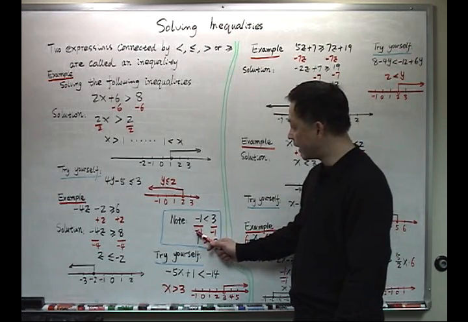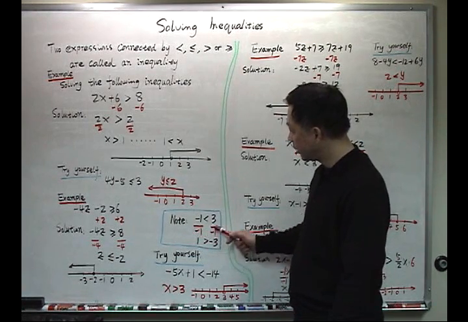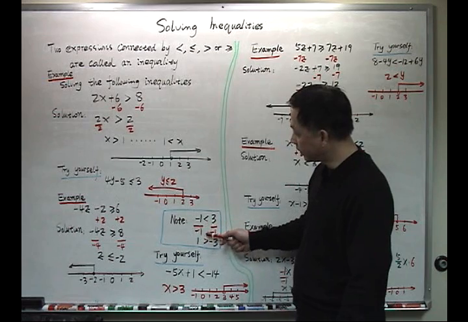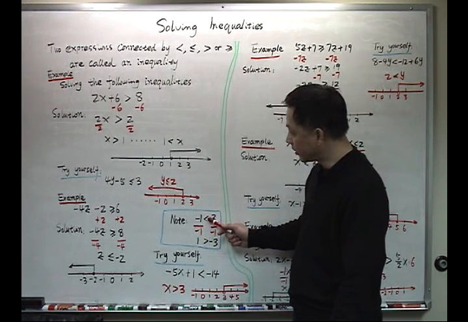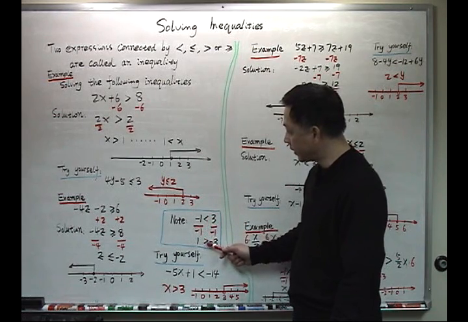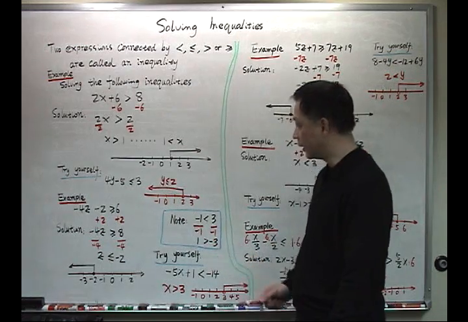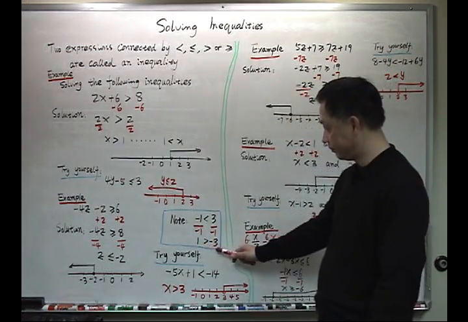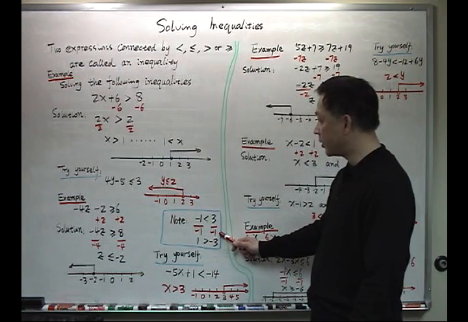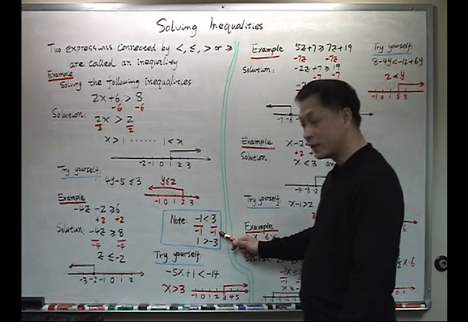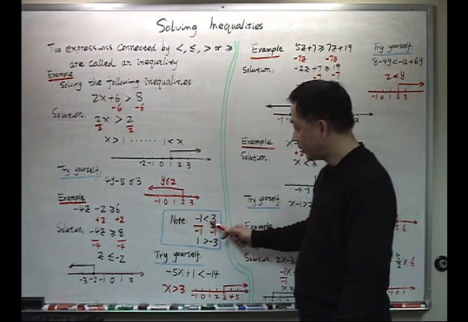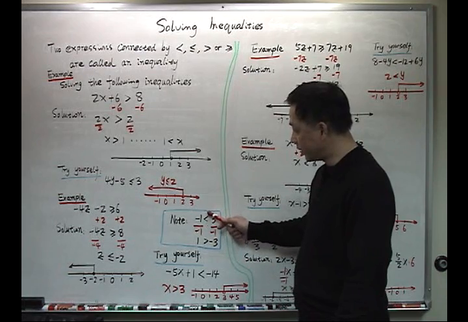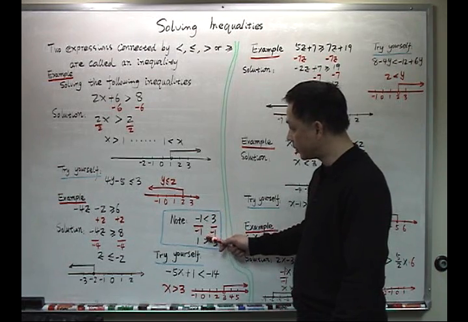Actually, when you divide by a negative number, you have to switch this sign, this direction, from less than to greater than. Okay, so that's the reason. Divided by a negative number or multiplied by a negative number, the direction of this inequality sign must be switched.